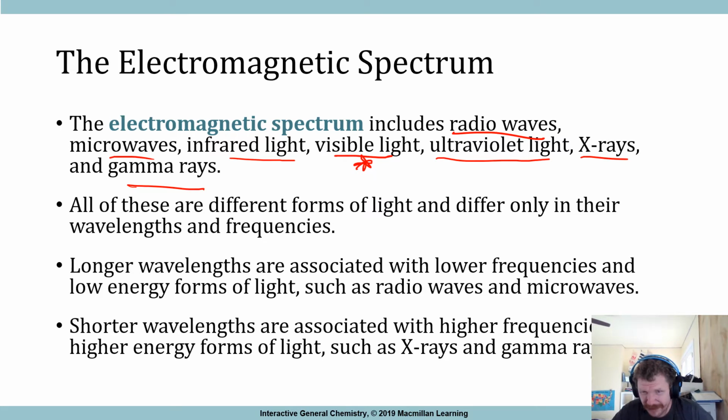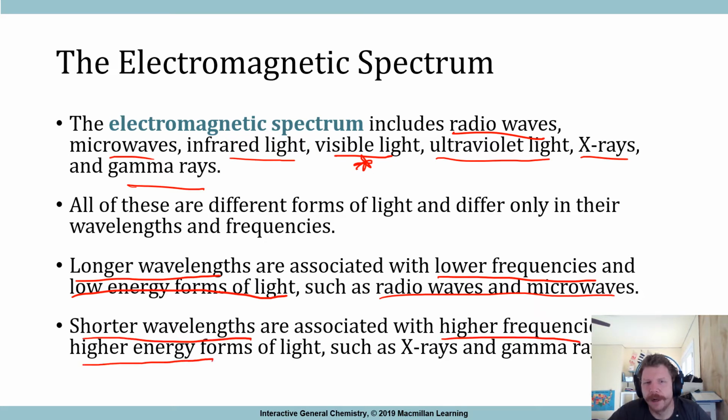Longer wavelengths are associated with lower frequencies and low energy forms of light, such as radio waves and microwaves. Shorter wavelengths are associated with higher frequency and higher energy forms of light, such as X-rays and gamma rays. If you think about the Incredible Hulk, he was impacted by gamma rays. He was impacted by high frequency short waves.